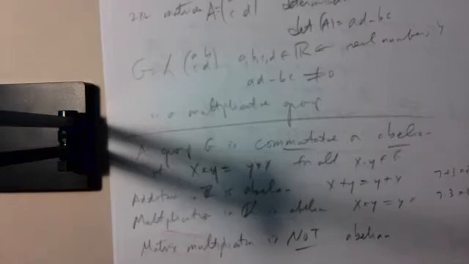It's something which occurs in nature. They just come up everywhere, and it often gives you a lot of information about something you're studying, if you know it's a group. And we'll see some examples of that very quickly.